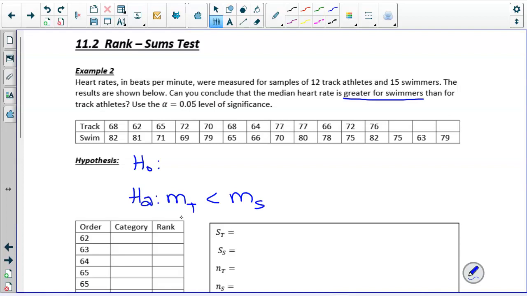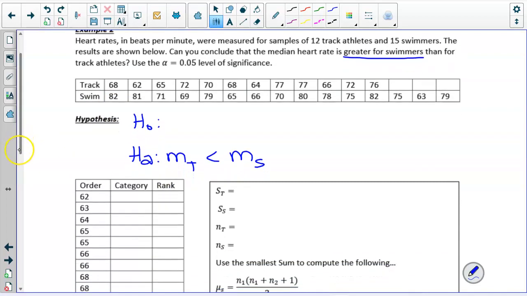And the only thing we can figure is because you use a smaller sum, okay? But like I said, then the next example kind of disproves that. All right, so the median for track is less than the median for swimming, which means the null would be the median for track is equal to the median for swimming, or I could say greater than or equal to.